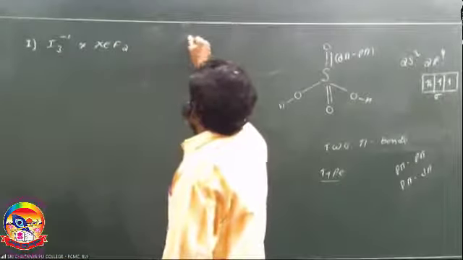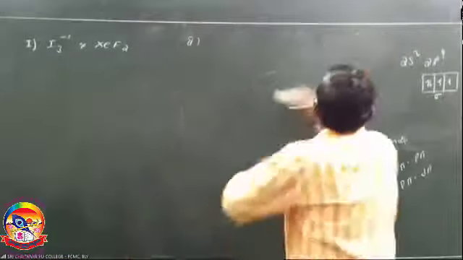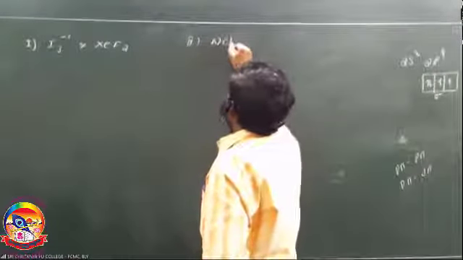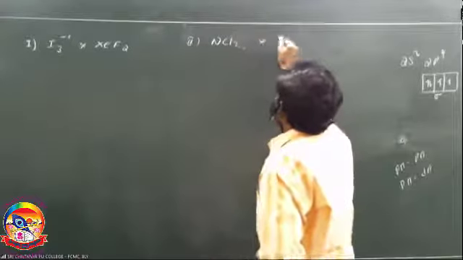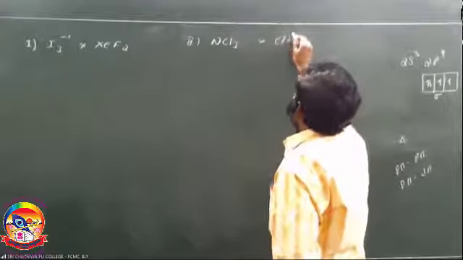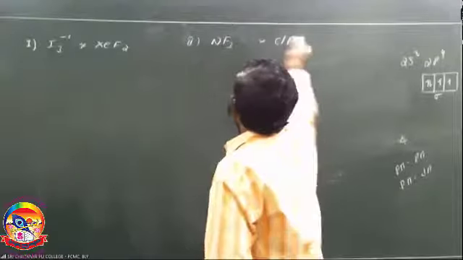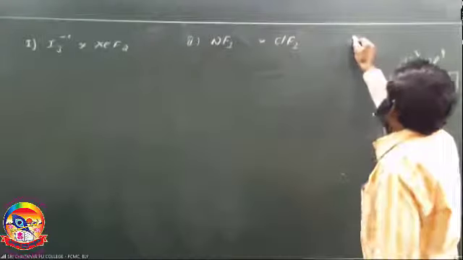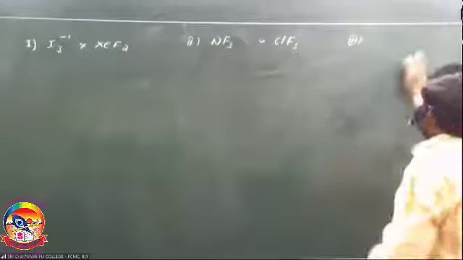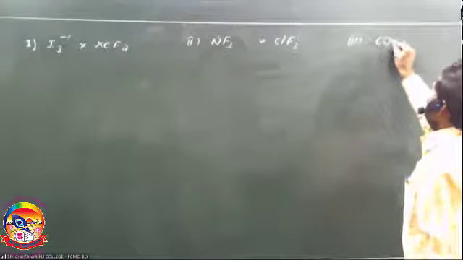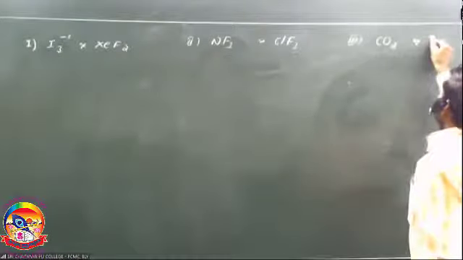Second one: NCl3 and ClF3, or NF3 and ClF3. Next, the third set of species: CO2 and SO2.